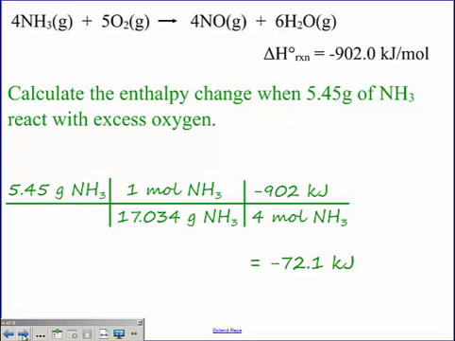It is most definitely necessary that you either write the negative on this answer or write 72.1 kilojoules released. The question is worded in such a way that the direction of heat change is not specified. You must specify the direction of heat change, either with the correct sign or a specifying word, like released or absorbed.